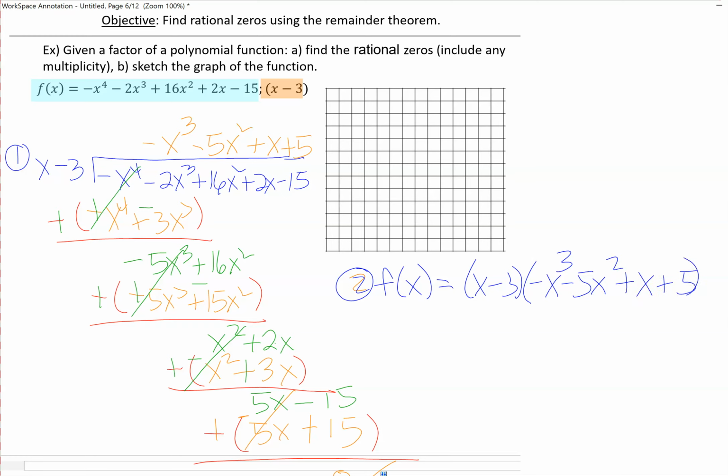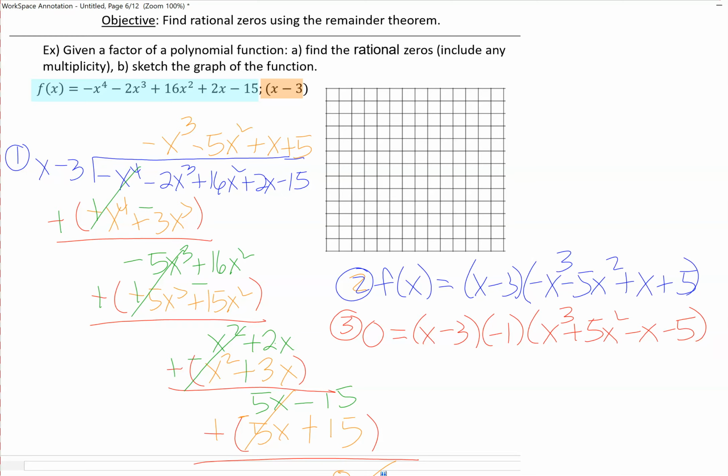Again, I have that negative leading coefficient. So personally, when I go to complete my factoring, I would factor out a negative 1 before I do anything else. So this becomes x cubed plus 5x squared minus x minus 5. Makes everything else a little bit easier from here.